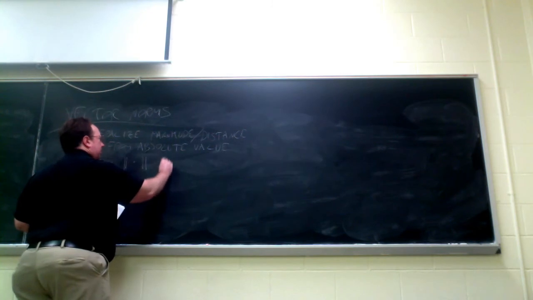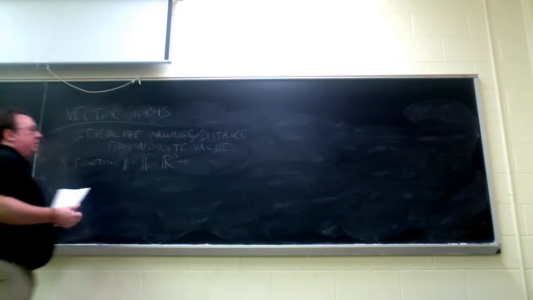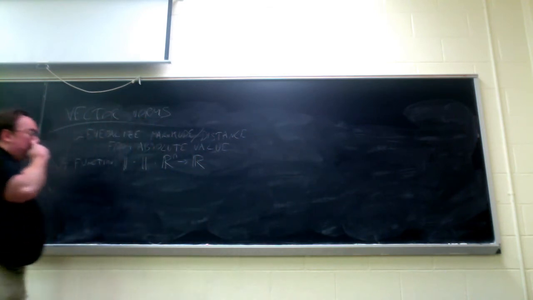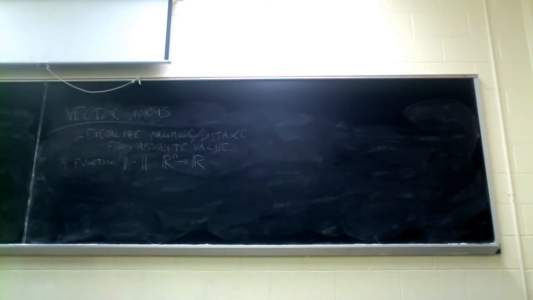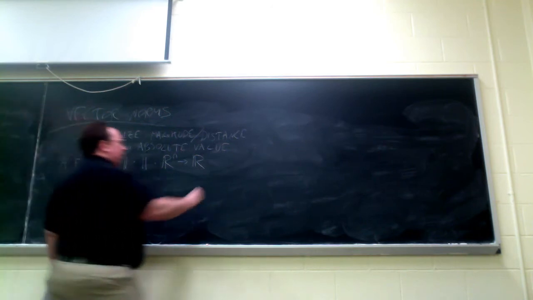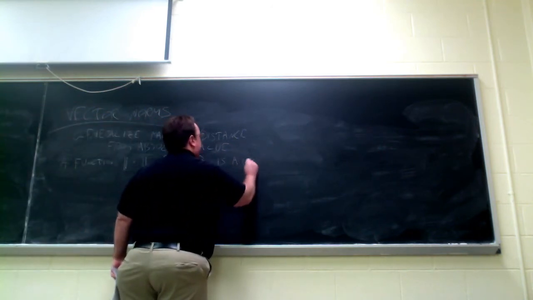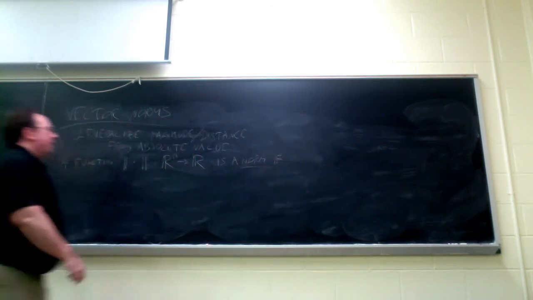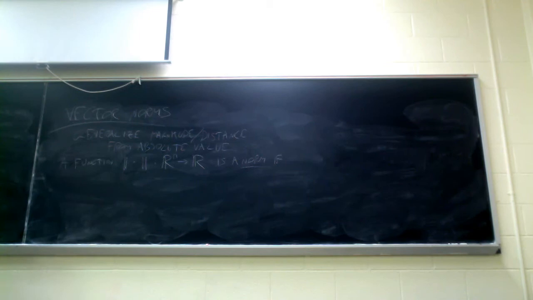Of course, everything I'm going to talk about generalizes in a natural way to complex vectors, but we'll work with a real vector space. The function is mapping n-dimensional vectors into the real numbers. And in order for such a function to be called a norm, it has to have these three properties.